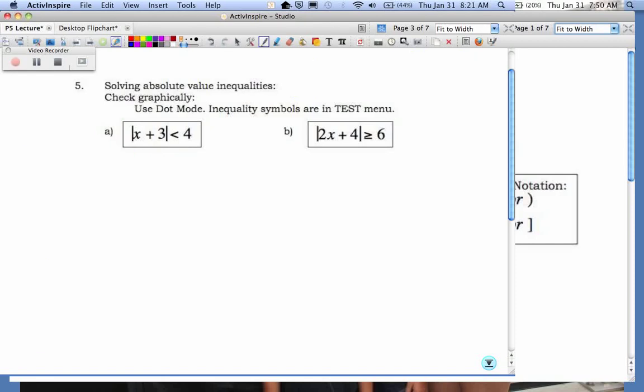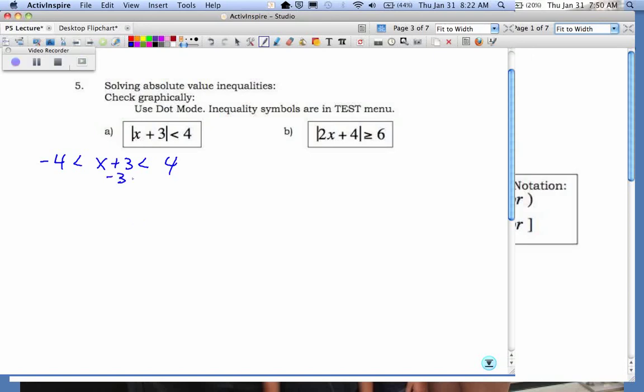Some of you are going to memorize that situation, and when you do a less than problem, you can say, I want my absolute value stuff to go between -4 and 4. So if you think of your distance from 0, I want my distance from 0 to be in between -4 and 4.